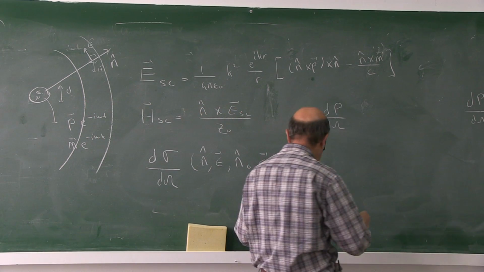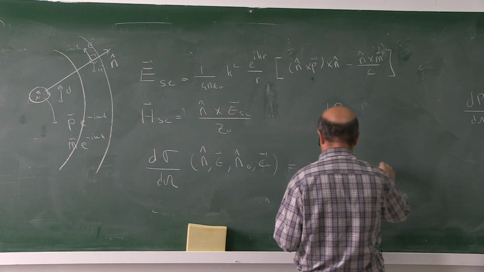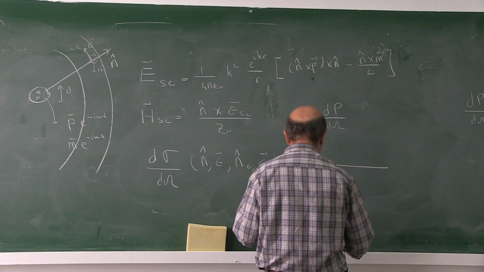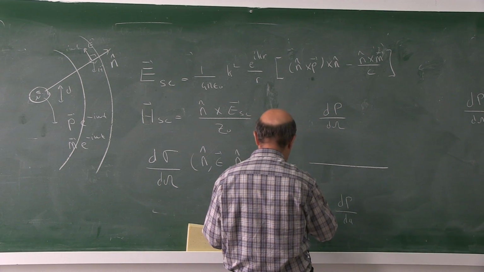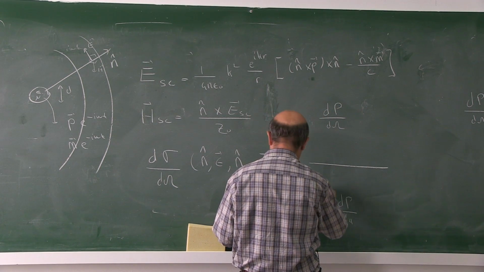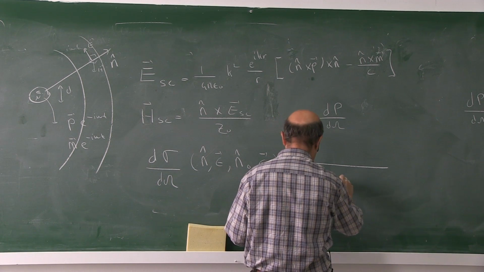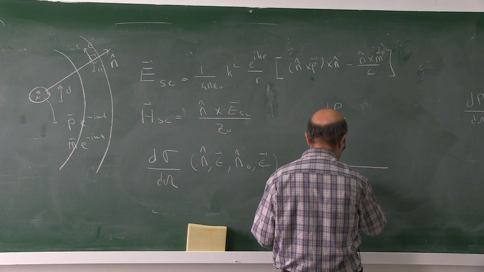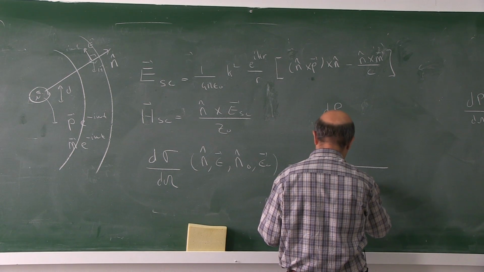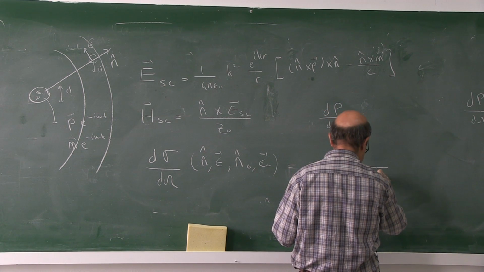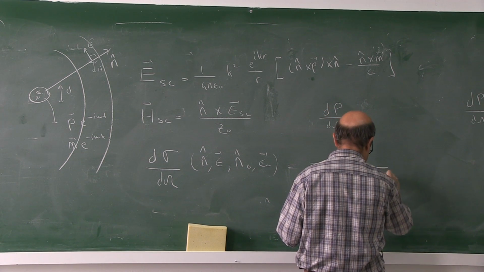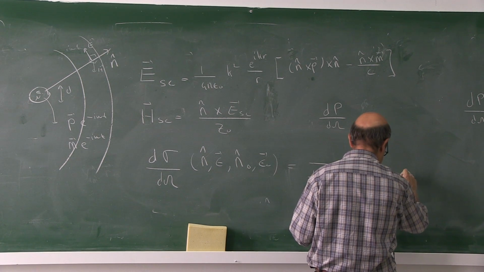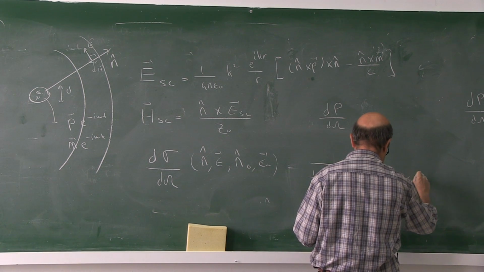So the definition is the following. For the incident wave, you have a power per area, the real part of n0 dot E incident cross H incident complex conjugate.